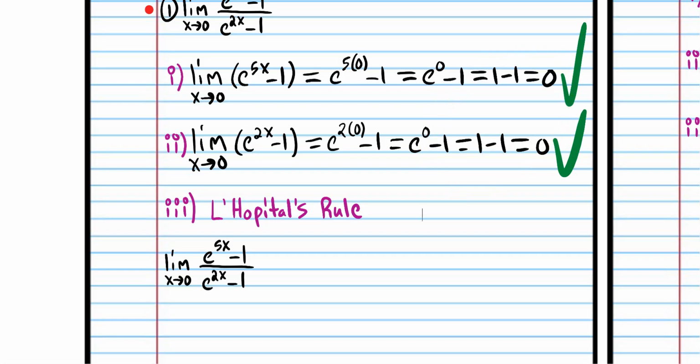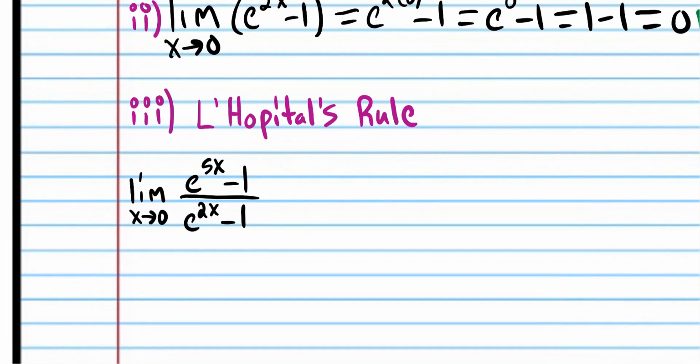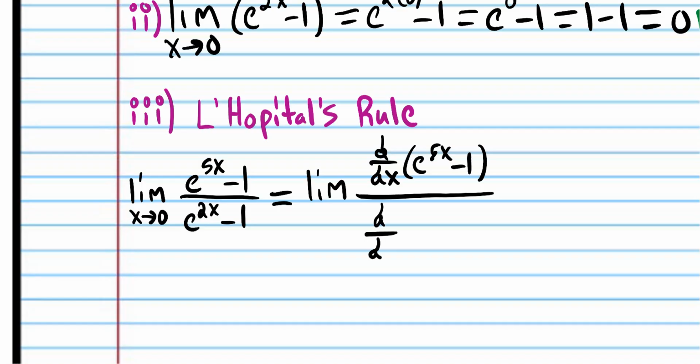If we didn't have 0 divided by 0 or infinity divided by infinity, then we couldn't even use the rule because it only applies when we have indeterminate forms. So L'Hopital's rule says that the limit of that expression is the limit of the derivative of the numerator over the derivative of the denominator as x approaches 0.